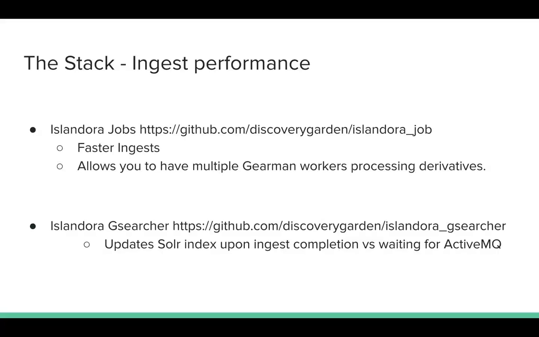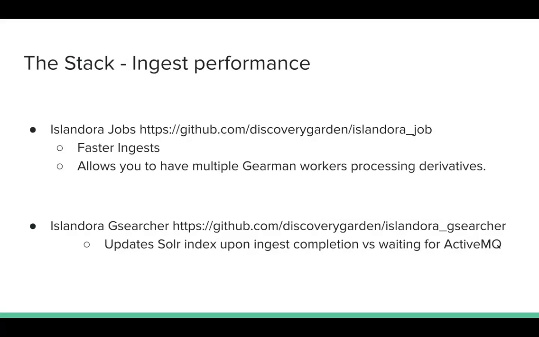I usually start out conservative. So let's say you have an ingest server with 8 CPUs, maybe start off with 4 workers versus 8 and see how it works, because you don't want to overwhelm the other parts of your stack if you're trying to do too much at once.